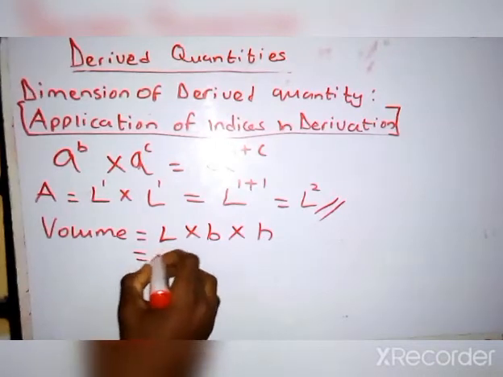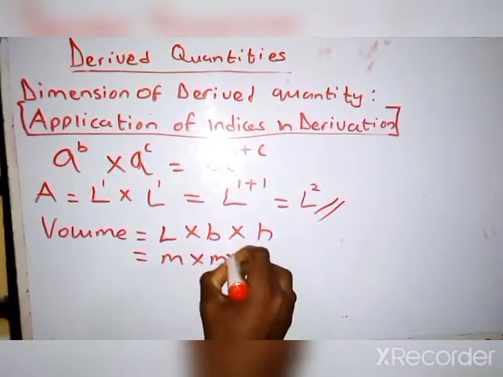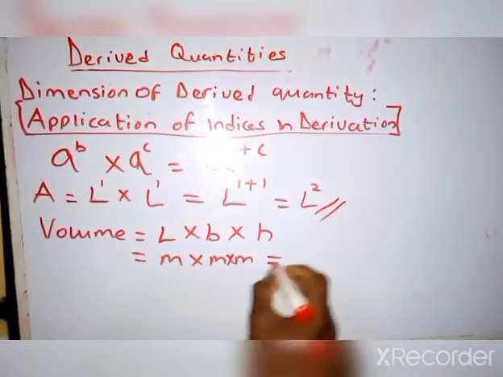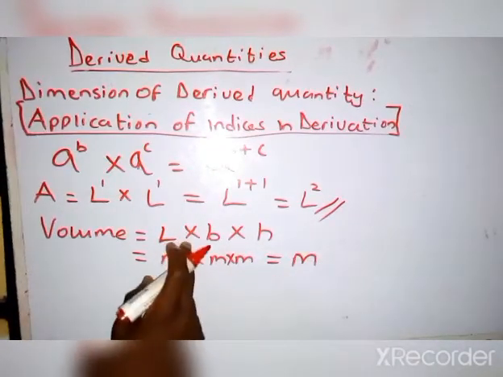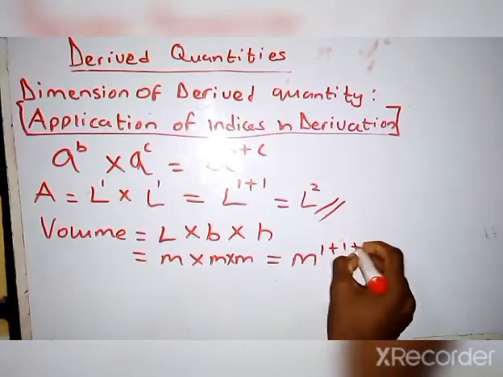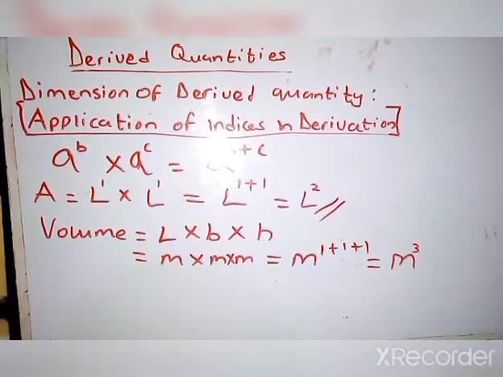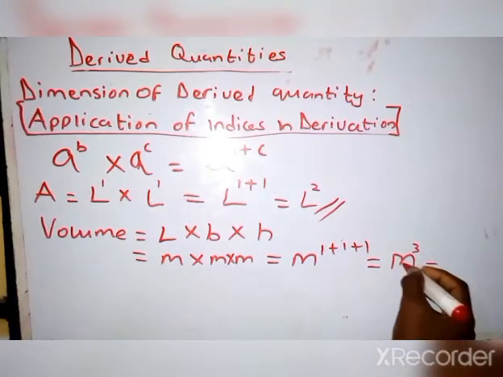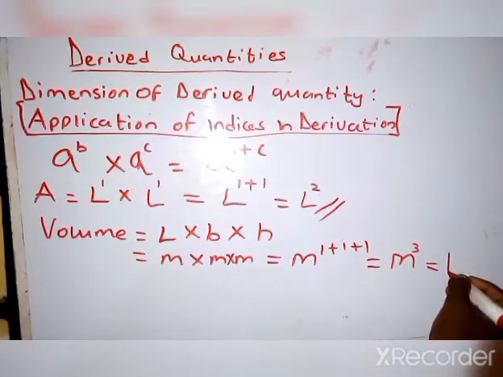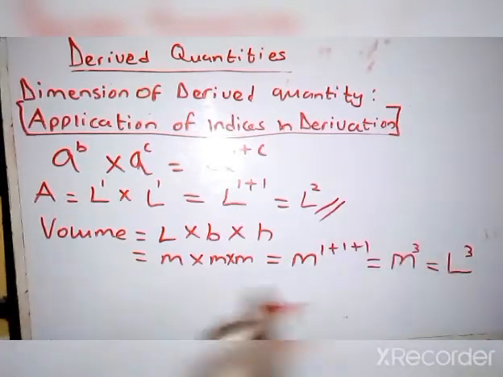Length is measured in meter. Since they have the same base, we have m to the power 1, and 1 plus 1 plus 1. That's how we get meter cube for volume. This meter is the unit of length, so we write length cubed. This is the dimension for volume and this is the unit for volume.